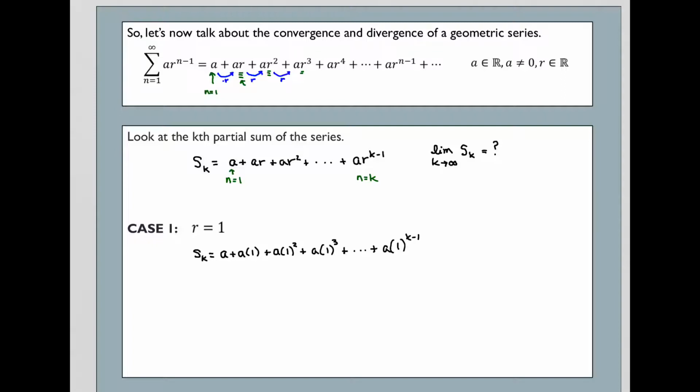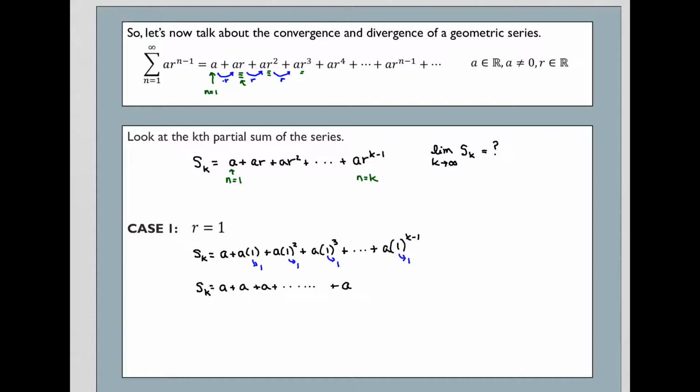Let's continue to simplify, but we know that 1 to any power is always 1. 1 to the first is 1, 1 squared is 1, 1 cubed is 1, 1 to any power is 1. So really, what is this kth partial sum? S sub k consists of a plus a plus a, all the way until I get to the end, a.